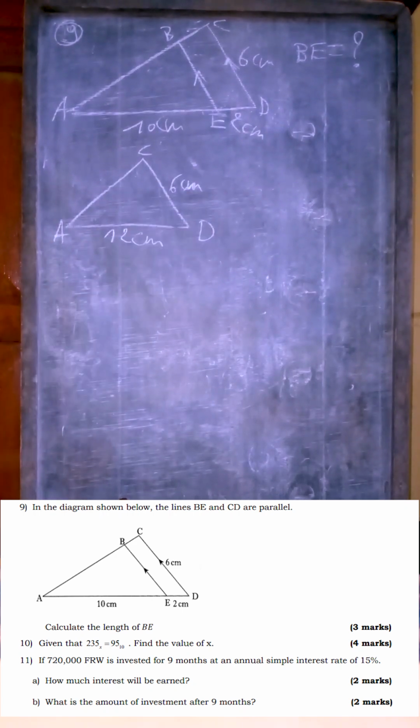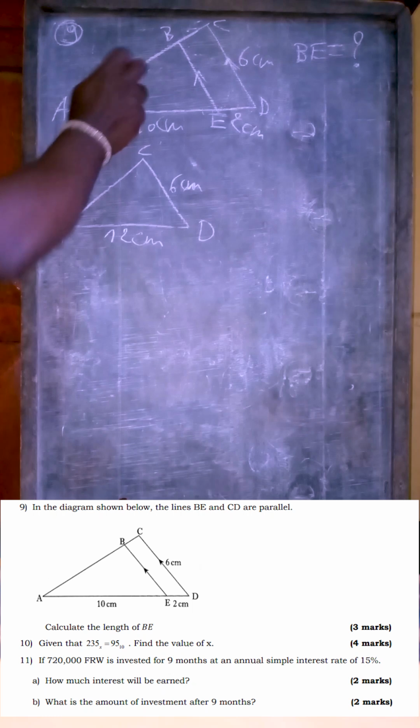This is the first triangle. The easiest method in finding the unknown length in Thales' theorem figures is to find the two triangles among these given triangles.